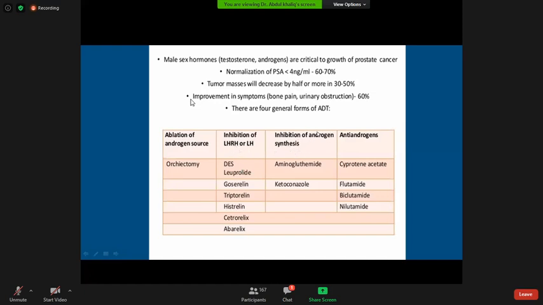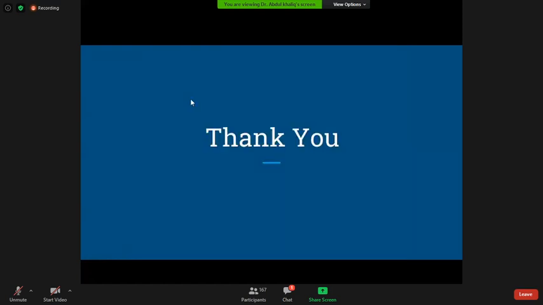This is the reason which causes the growth of the prostate cancer, so we have to inhibit it. These are the drugs aminoglutethimide and ketoconazole, which inhibit androgen synthesis, and the anti-androgens are cyproterone acetate, flutamide, bicalutamide, and nilutamide. These are the drugs which we use in the palliative treatment.